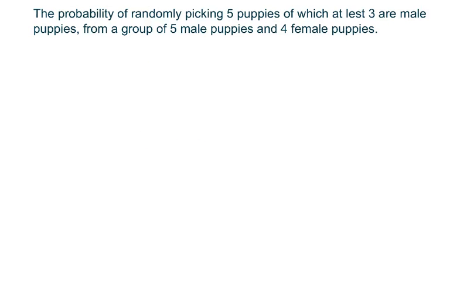Next one, the probability of picking 5 puppies of which at least 3 are male from a group of 5 male puppies and 4 female puppies. So basically we want the probability of at least 3 males.